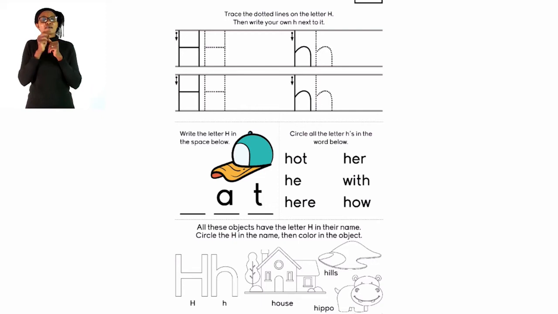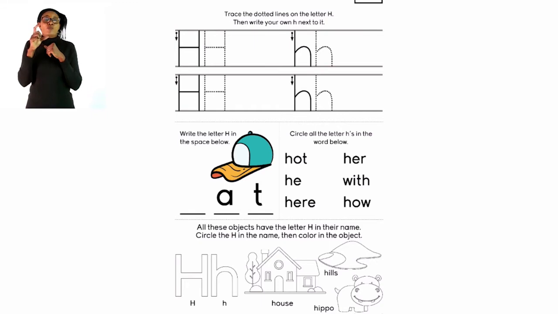You must go trace on the dotted H. Next to the dotted H, you will now write on your own. There's no dots to direct you. You have to write it on your own. And as you can see, we are busy with the capital H. So you have to go right next to the dotted H, you write your own H.